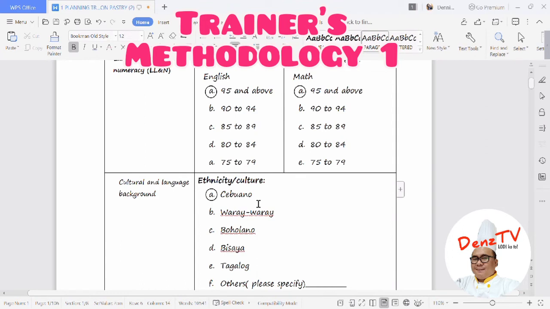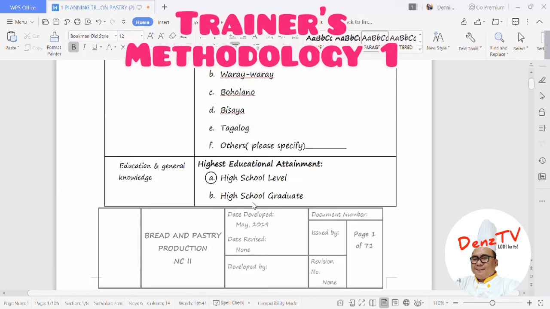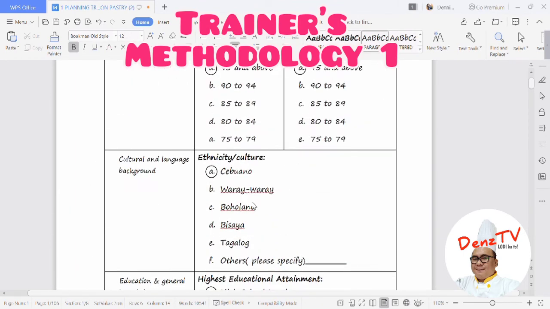To clarify, not all issues for trainees are issues for trainers. By altering some components, issues can be resolved, because you already know the characteristics of your learners.